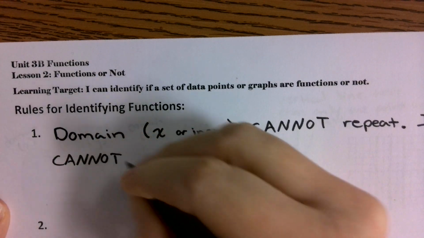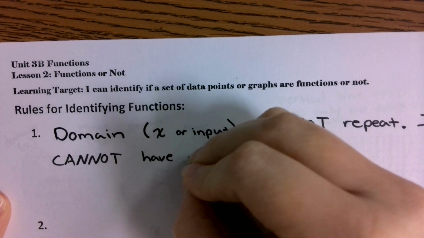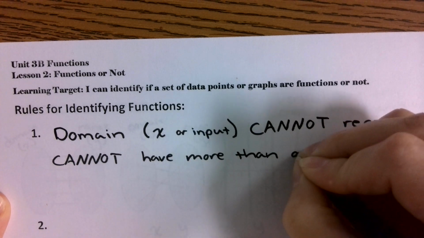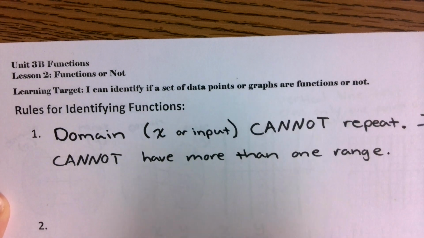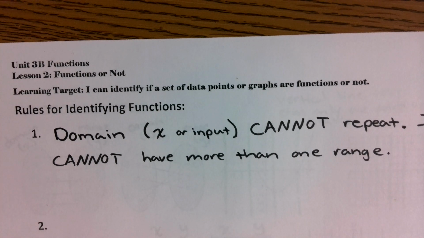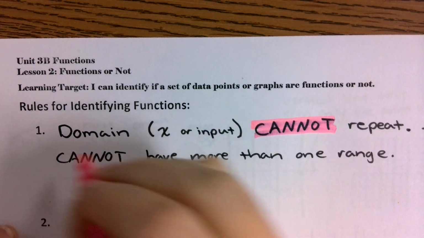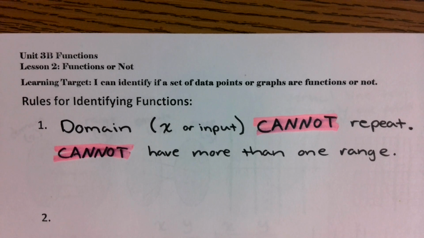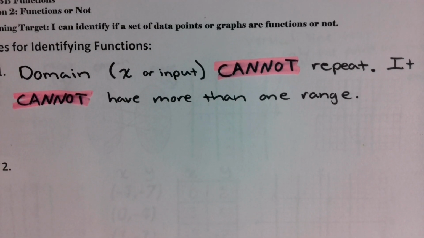Okay, it cannot have more than one range. And I'm going to highlight cannot in pink. Okay, just making sure you understand. It cannot repeat. The domain, the x values cannot repeat. It cannot have more than one range value.